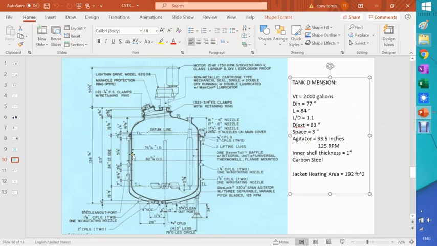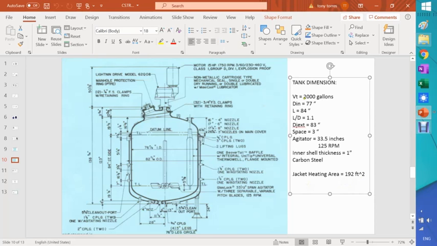That's this space here. The agitator diameter is 33.5 inches at 125 RPMs. The inner shell thickness, and that is this inner shell here. This is the part that I'm talking about. It's about 1 inch carbon steel, and it's kind of nice. They give you also the jacket heating area, the total, 192 square feet.